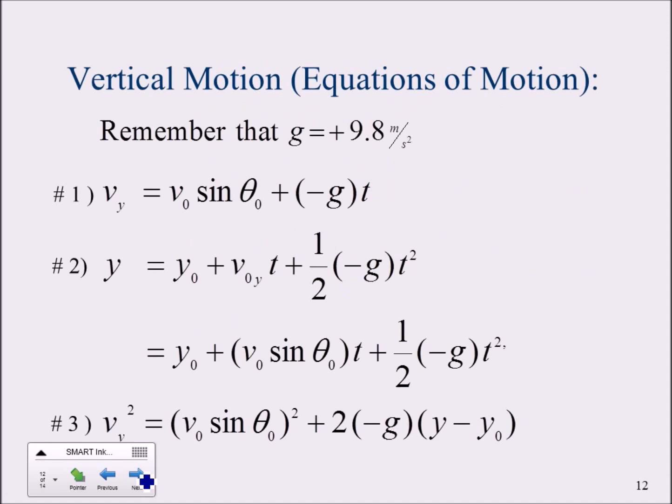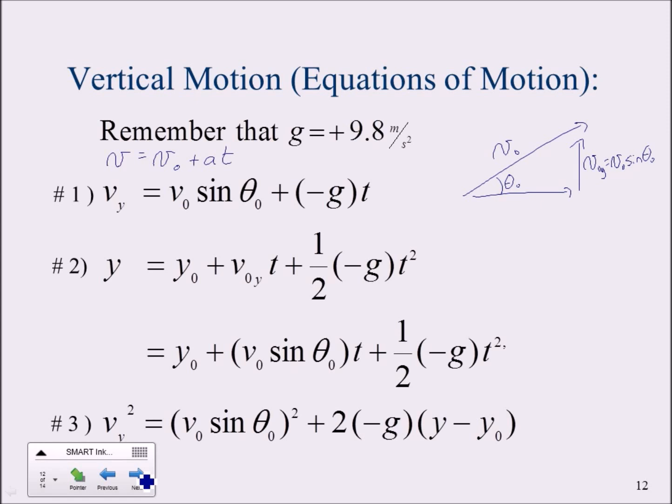In the vertical direction, again we have v0, this initial y velocity is v0 times the sine of theta 0. So this first equation is equivalent to our v equals v0 plus at equation that we had for one-dimensional motion.